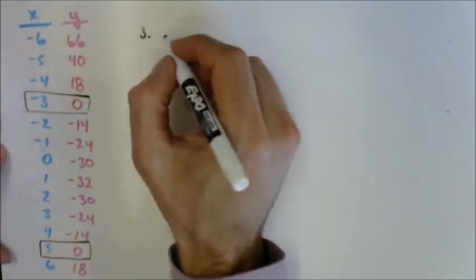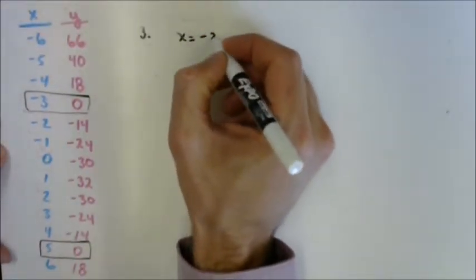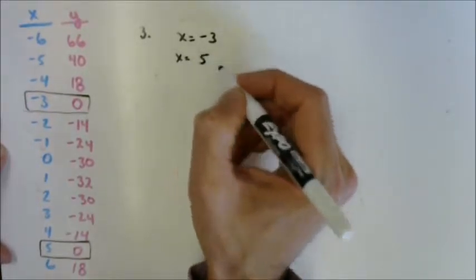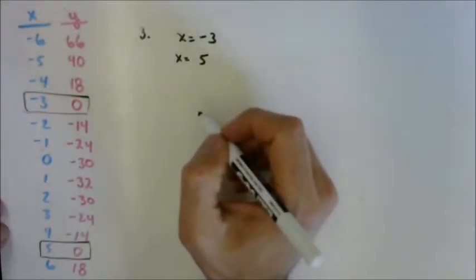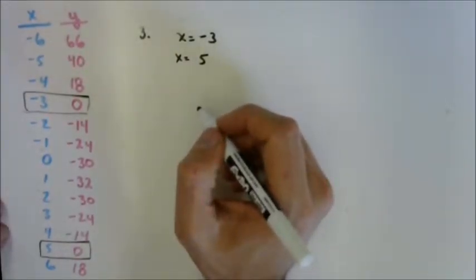So in number 3, you have x equals -3 and x equals 5. Look at the original equation. They're the same numbers. Okay?